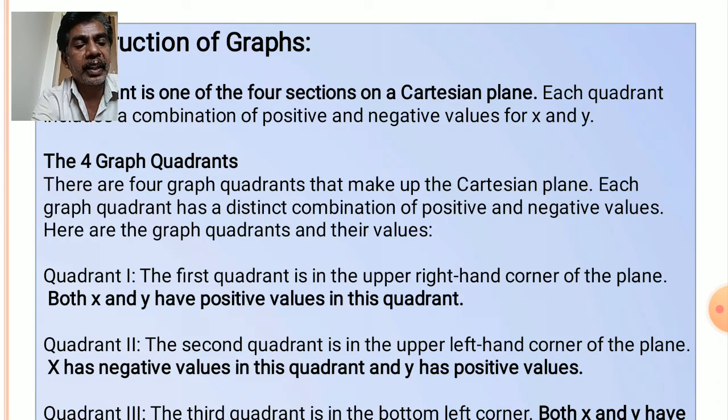The vertical line is called the y-axis, usually denoted by OY, and the horizontal line is called the x-axis, usually denoted by OX. A graph is divided into four parts, called four quadrants.